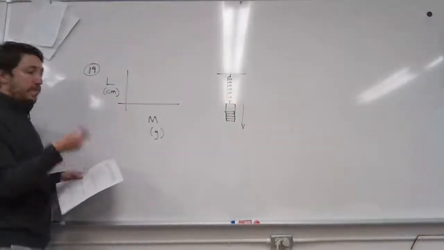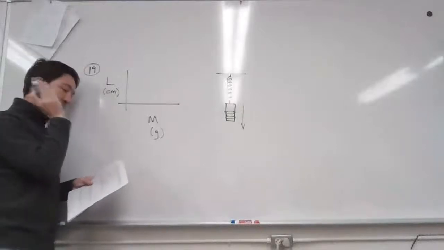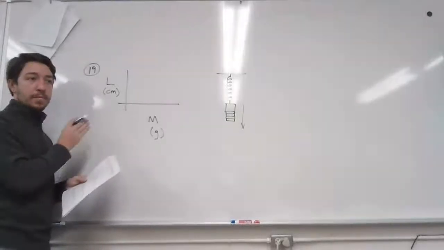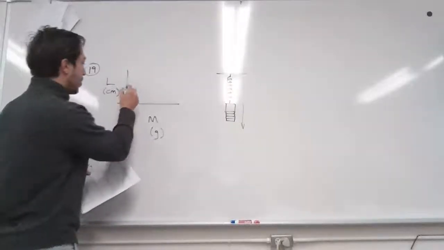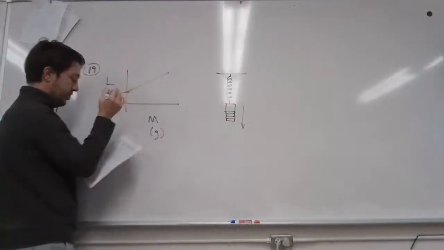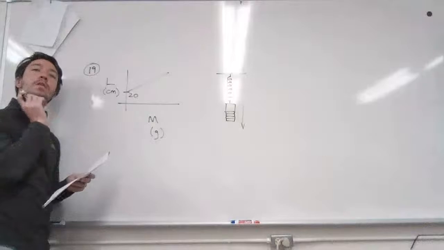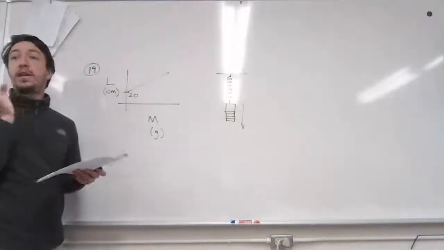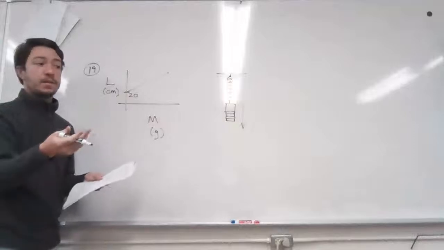The first thing you have to notice on something like this is that obviously I'm going to have to convert these numbers to meters and kilograms. So what's the significance of this number here? Yeah, that's the natural length of the spring. That's the length of the spring if nothing's hanging from it and it's just sitting there.